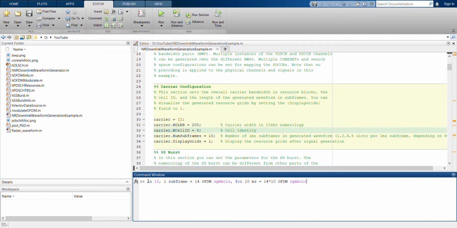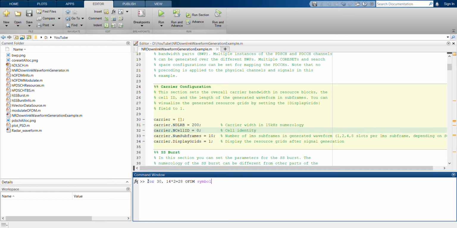Similarly, this is for 15. Another thing you should know is that for 30 kilohertz subcarrier spacing, the number of OFDM symbols per subframe will double. So it would be 14 into 2, that is 28 OFDM symbols. Similarly, for 60 kilohertz, it would be 28 times 2, that is 56 OFDM symbols.